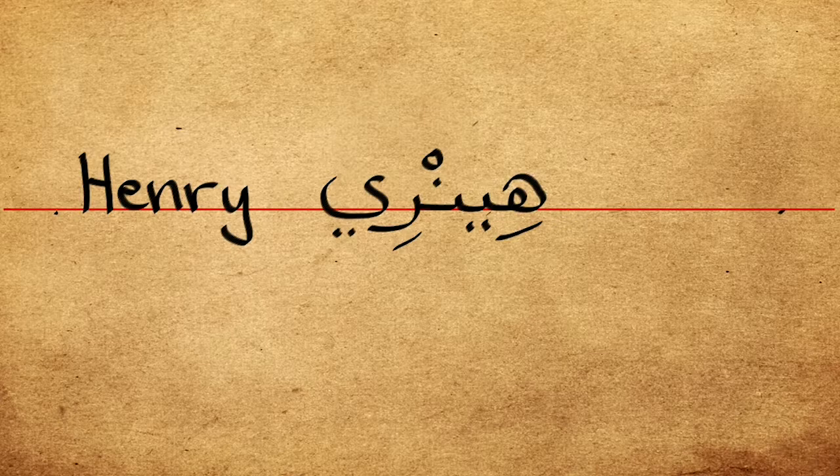Here's the letter Ha, Ya, Noon, Ra, and the final form of the letter Ya. The next name is Edward.